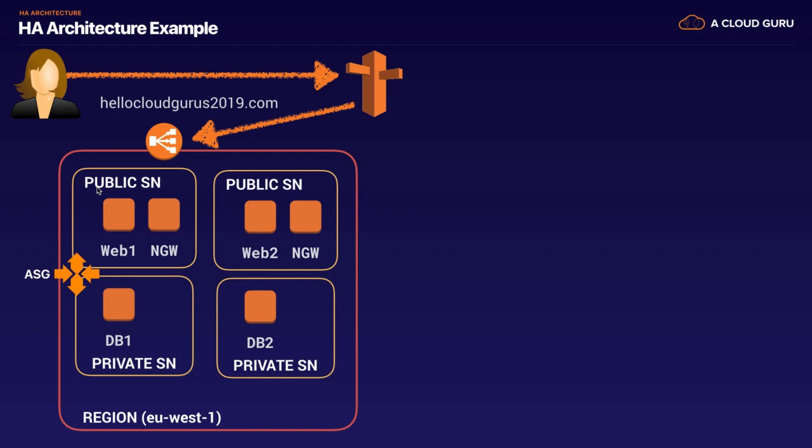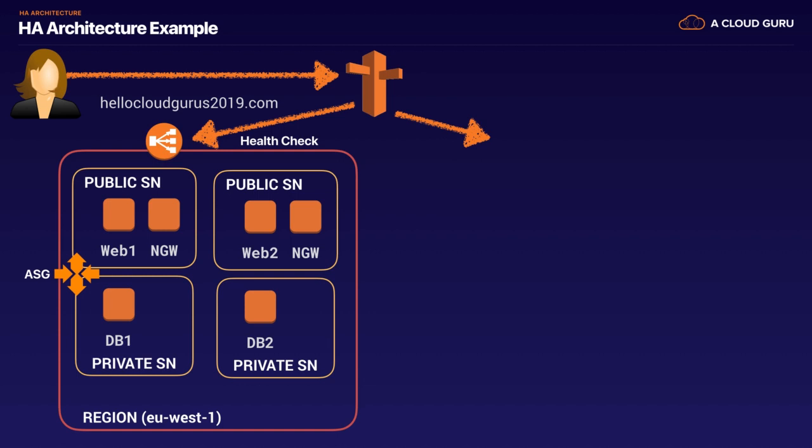Let's say that each subnet is a different availability zone, so this is availability zone 1A, 1B, and so on. Our databases might be doing some kind of replication. It might be an RDS multi-AZ deployment, or these could be two EC2 instances that you've set up to do synchronous replication. And then, of course, we have our health check. Route 53 is performing a health check on this entire region and making sure that it's up.